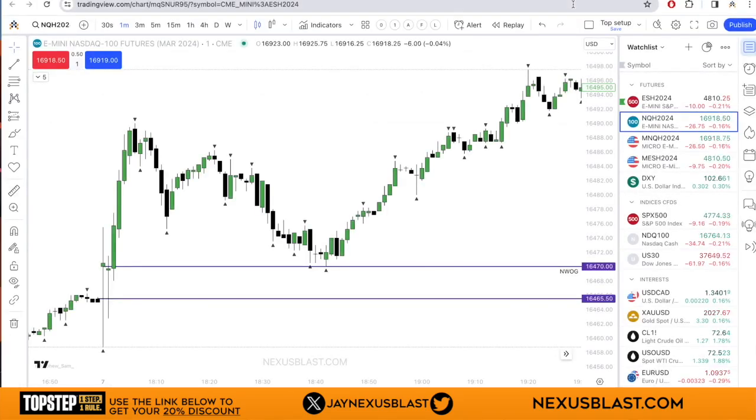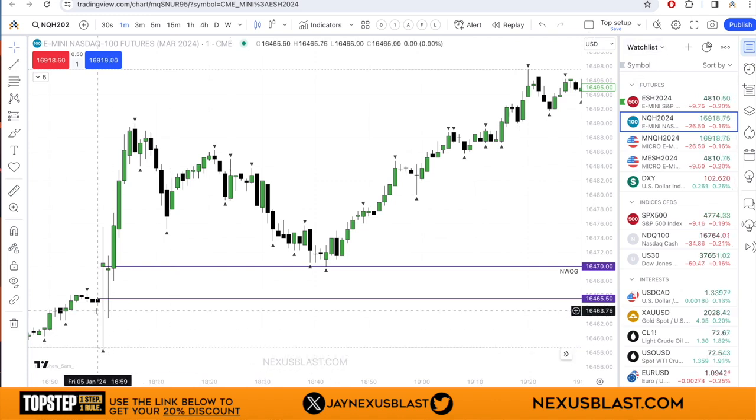New week opening gaps are a really strong confluence, and as you see in my charts, I have them pretty much everywhere and use them in every trading session when price action comes around these levels. The way that you set it up is I use this horizontal ray tool here.